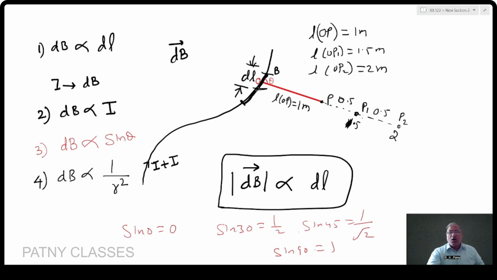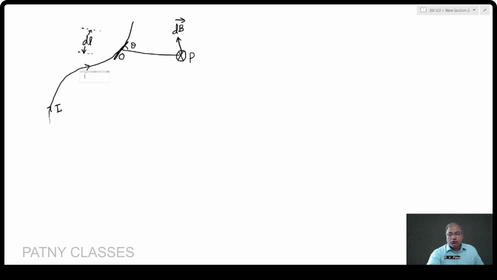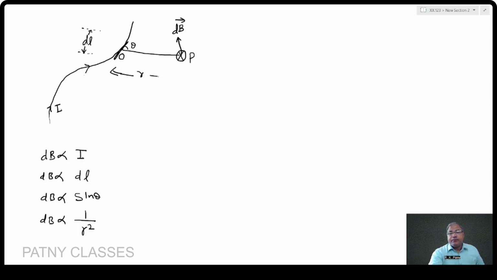Now let us summarize all the 4 points. We had first dB directly proportional to I, dB directly proportional to dl, dB directly proportional to sine theta, and dB inversely proportional to the square of the distance, that is length OP. This distance is equal to R. If R is changing, then the value of the magnetic induction is also changing. So these are the 4 factors.